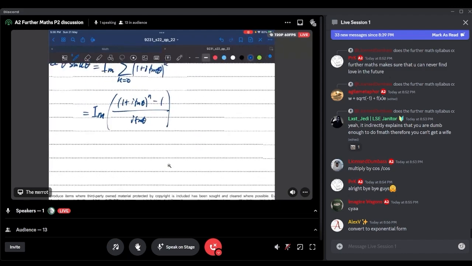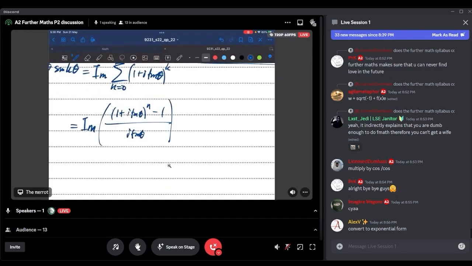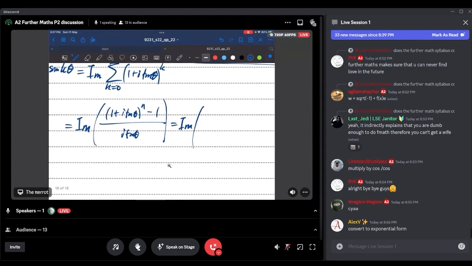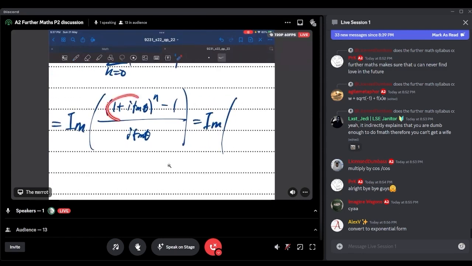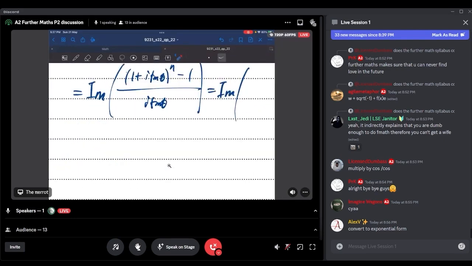So imaginary part here. All right, so from here we have a 1 plus i tangent theta, and you want to find the imaginary part. So why not try your best to use De Moivre's theorem? That means we have to factor out a secant power n, and that's where we get the secant power n here. Am I doing this correctly? 1 plus n minus 1.